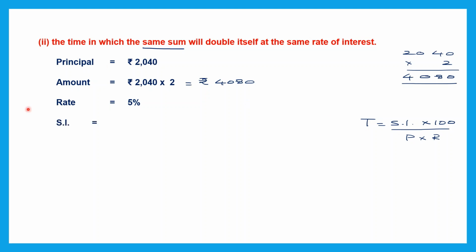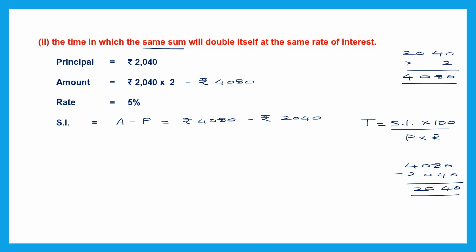To find simple interest, we are going to say amount minus principal. Amount is rupees 4080 and principal is rupees 2040. So we're going to subtract these two. 4080 minus 2040 is 2040.